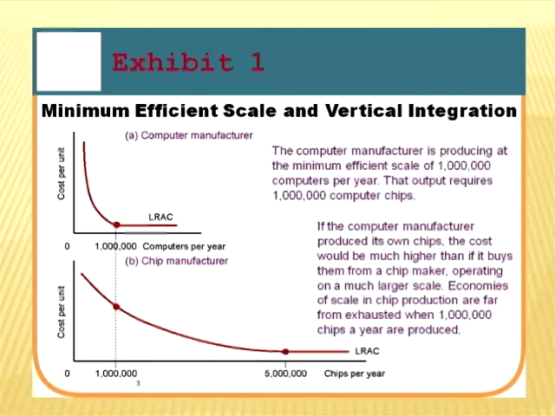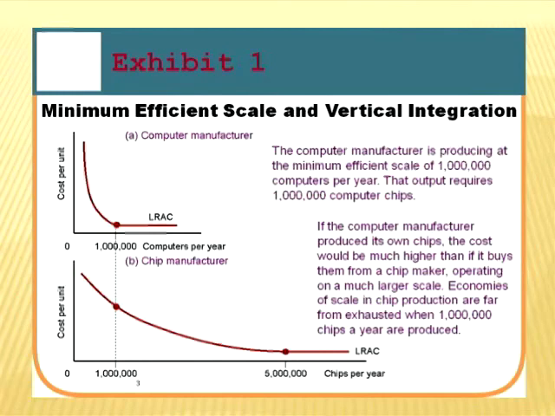Now, a reminder about the minimum efficient scale question. Here we've got a case in which a computer manufacturer is making 1 million computers per year, and they're considering making their own chips rather than purchasing them. And notice that what happens when we look at chip manufacture is we don't exhaust all the economies of scale until we get to 5 million per year.